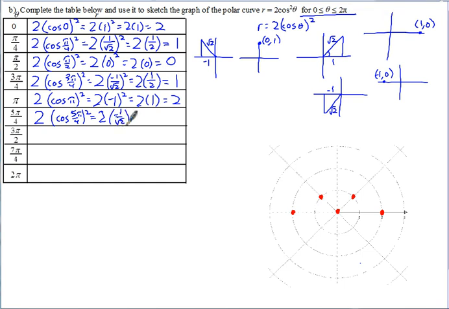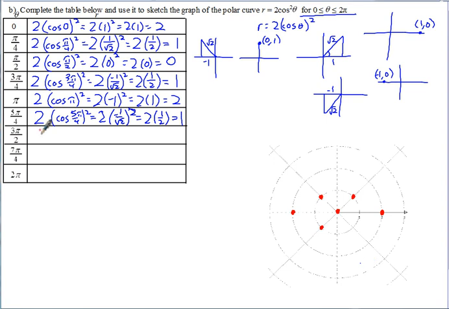Notice we get the same thing as when we did 3 pi over 4, so that's going to still be 2 times 1/2, which is 1. So 5 pi over 4 will be 1, up there.